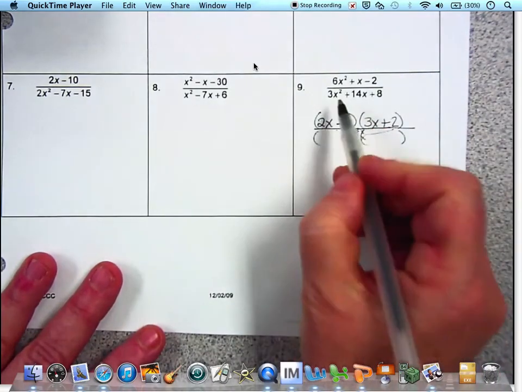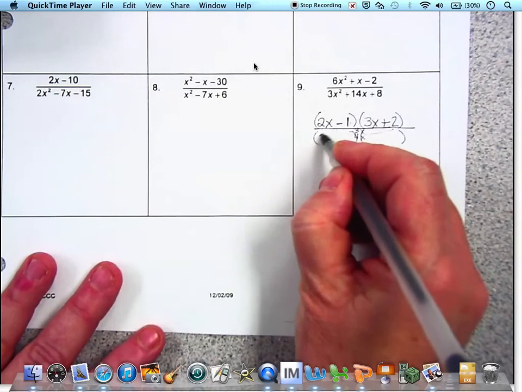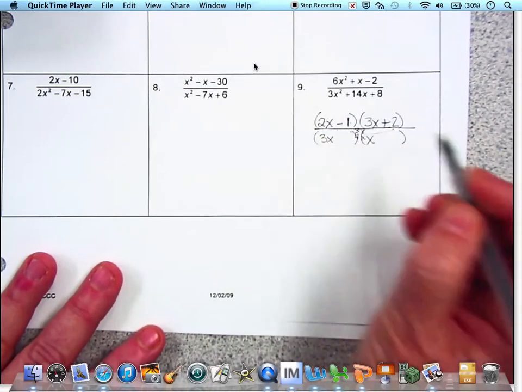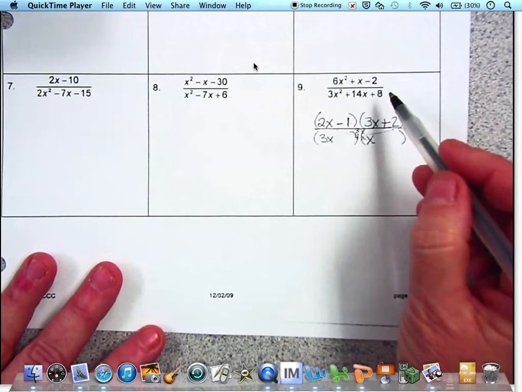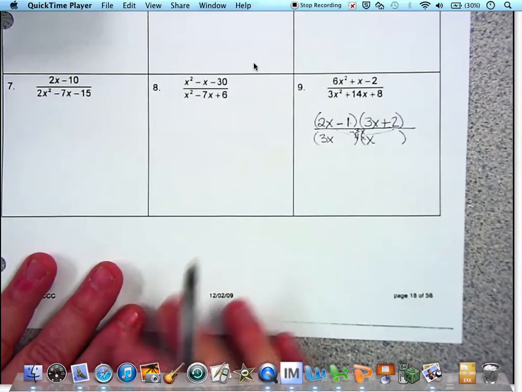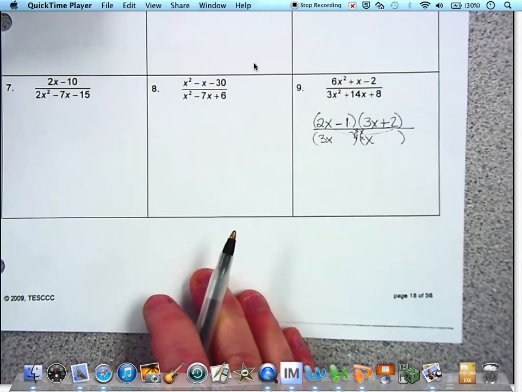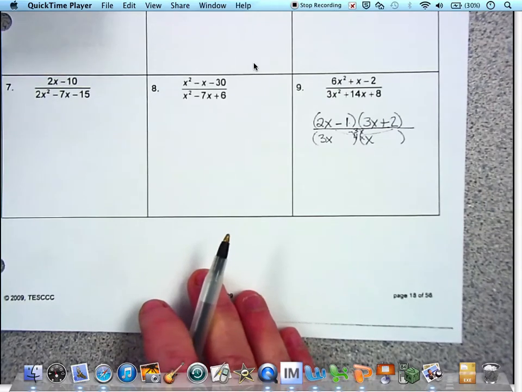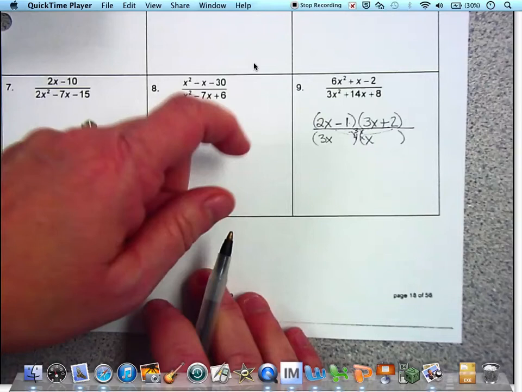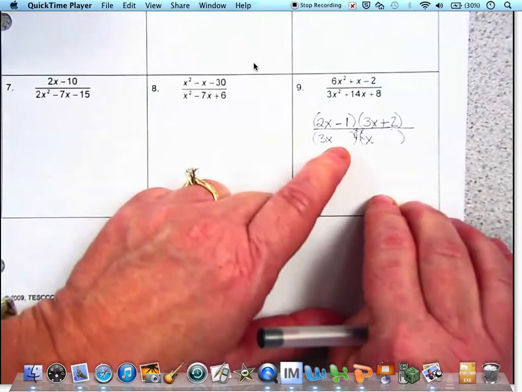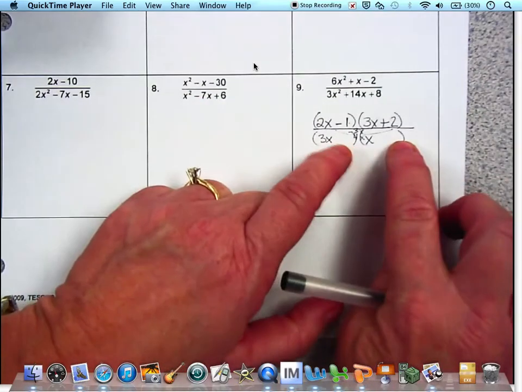What do we multiply to get 3x squared? 3x and 1x. And what do we multiply to get 8? 2 and 4, or 1 and 8, right? We're trying to get 14. So should we do 2 and 4, or 4 and 2?